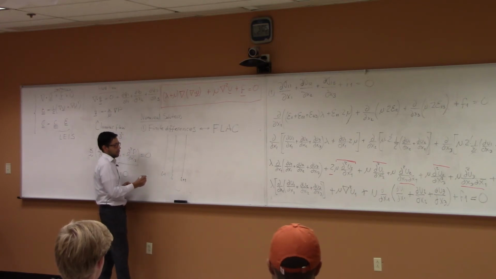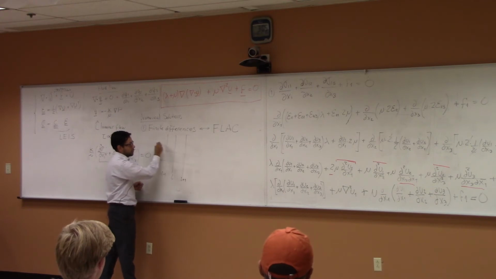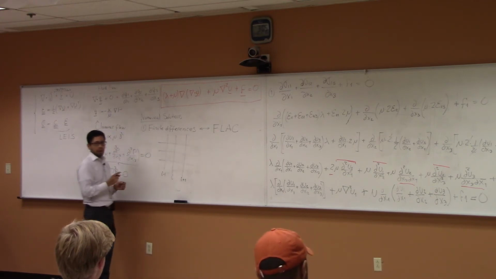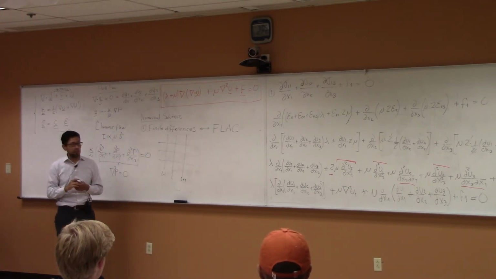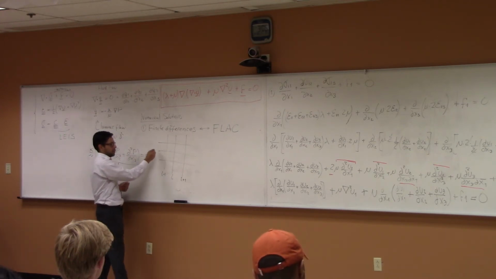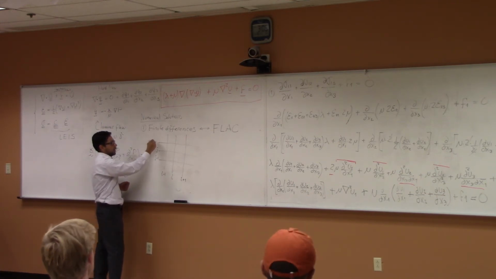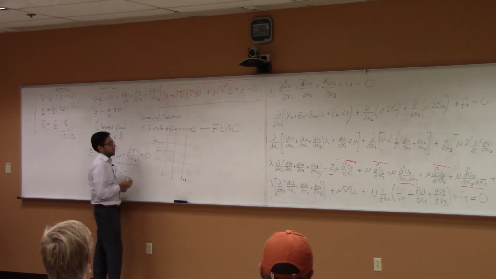All right? And then, since this is a two-dimensional grid, we're going to solve the problem in 2 dimensions. It's a little bit easier than in 3 dimensions. This is going to be direction J. This one is J, this one is J minus 1, and this is J plus 1.